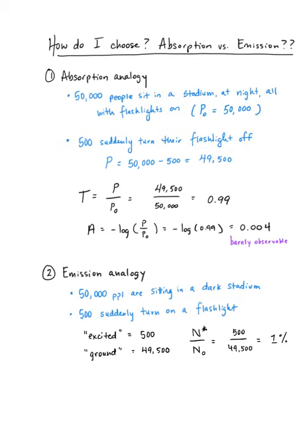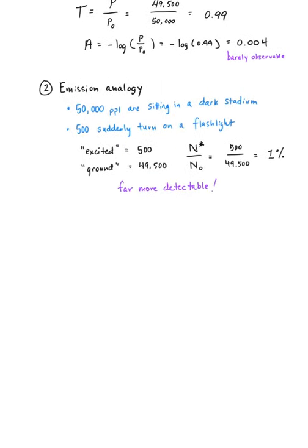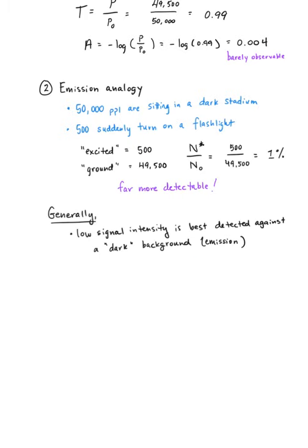And what's more is that this 1% is not dark against a light background, but rather light against a dark one. The contrast makes this much more detectable. In general, what we can say then about absorption versus emission experiments is that when we expect lower signal intensity from our analyte of interest, like flashlights, then an emission spectroscopy experiment is a better approach than an absorption spectroscopy experiment.